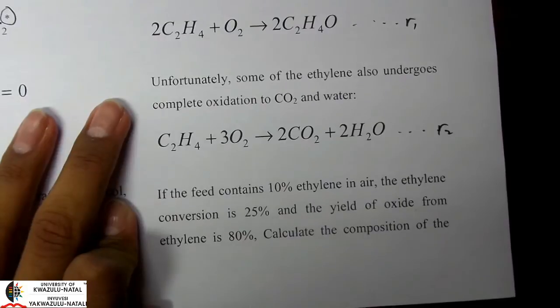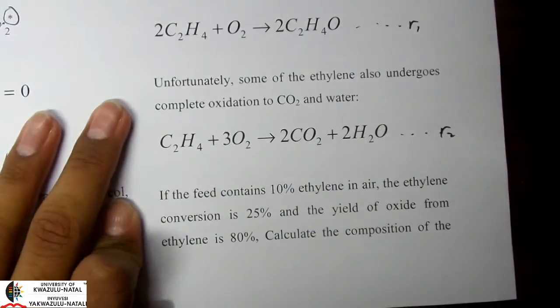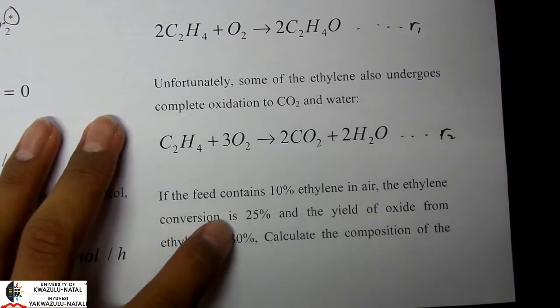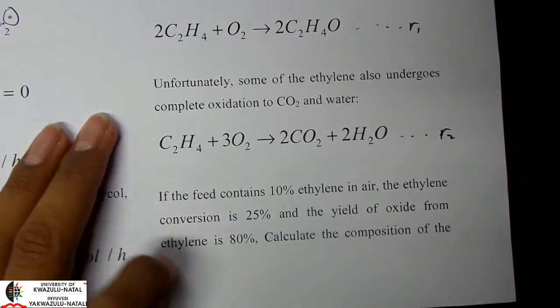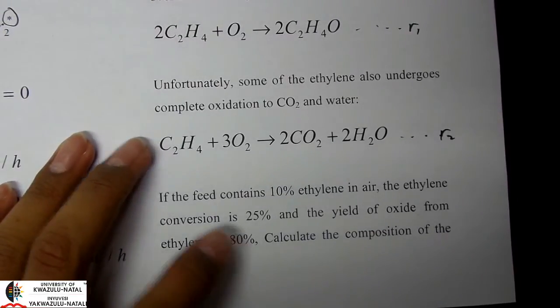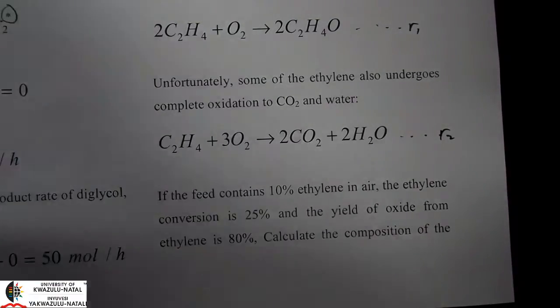And they're giving us the feed composition. If the feed contains 10% ethylene in air, the ethylene conversion is 25% and the yield of oxide from ethylene is 80%. Calculate the composition of the reactor outlet stream.